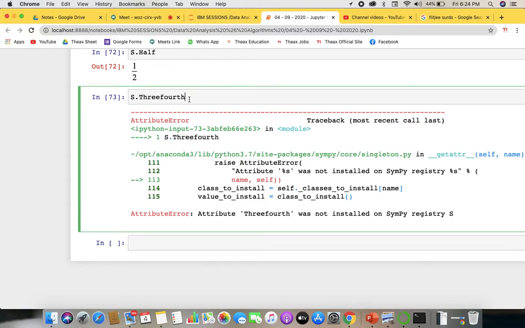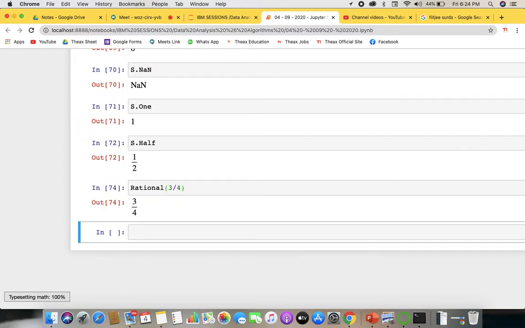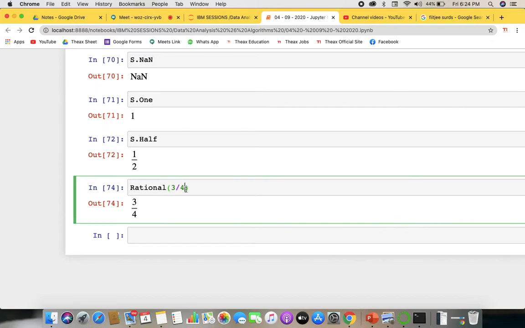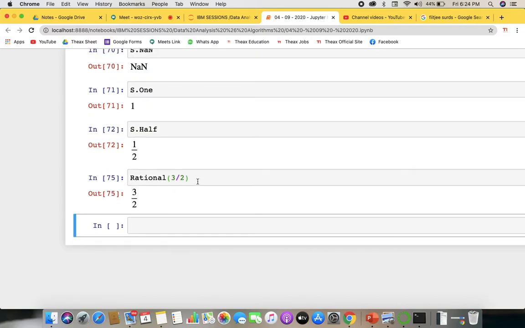Sorry, 3/2. Rational of 3/4. That's a rational number, P by Q form. 3 by 4. 3 by 2. Got it.